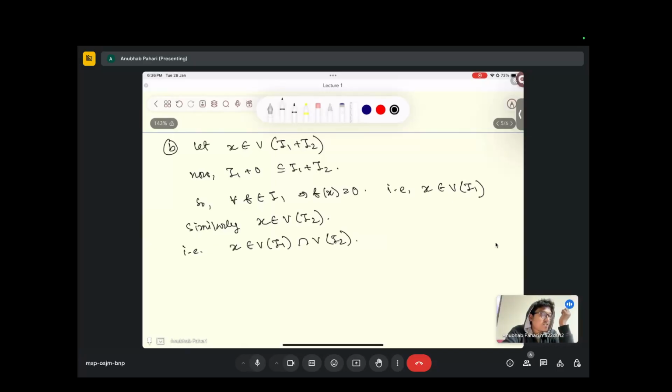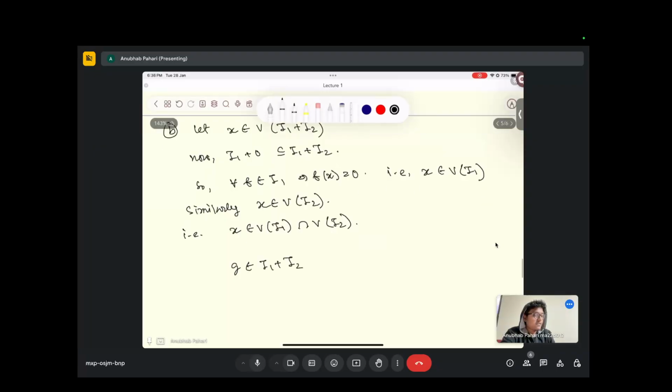Now the converse is again similar. You can just take from there, and look at how the elements of I1 + I2 look like. It actually looks like h plus k.